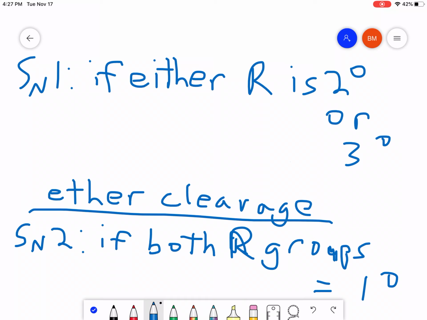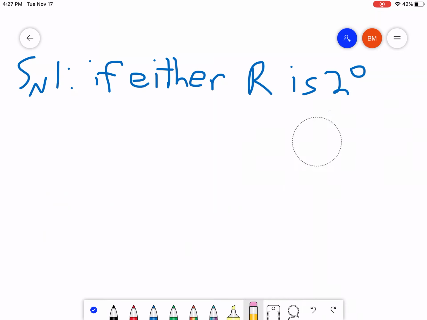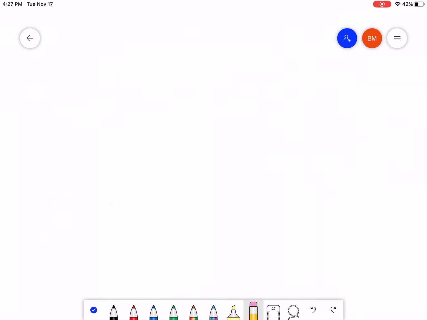Kind of weird, huh? Don't you wish they could all do the same thing? Well, I do too. It'd be a nice little land of sunshine and rainbows if it did, but it doesn't. So we're going to take a look at some examples in which we can figure out whether we're going to have an SN1 or an SN2 reaction.